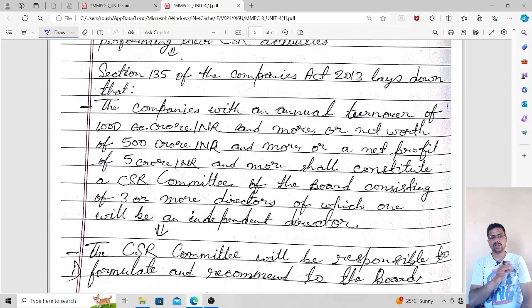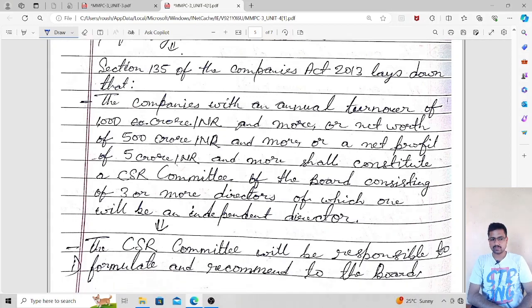So one committee, the CSR committee, should be constituted by the organization, if the annual turnover is 1000 crore or more, or its net worth is 500 crore or more, or its profit is 5 crore or more.